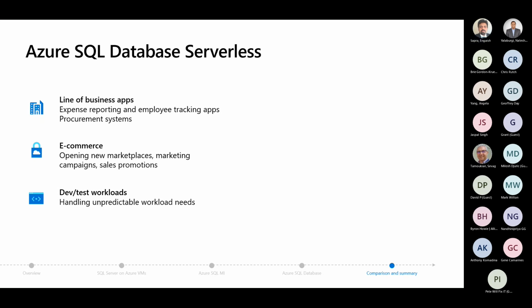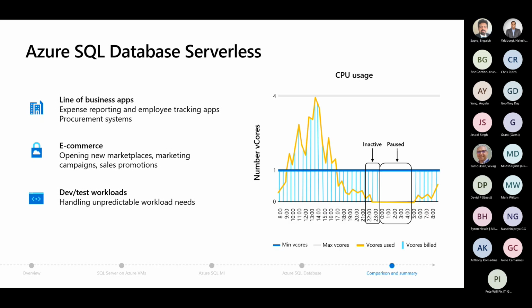Again, it comes into the picture not from an initial migration perspective, but mainly when you are not sure of the usage pattern, or if there are dev test workloads where we don't know when they will be used, or unpredictable workload needs. Just to reiterate, during the periods of inactivity, you only pay for storage. You don't pay for CPU or memory or any of that compute.